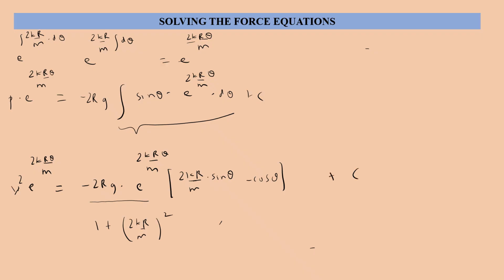And if I multiply throughout by e to the power negative 2kr theta by m, I'll have an e to the power negative 2kr theta upon m here, and this term will be reduced to 1. So I'll just write it down.